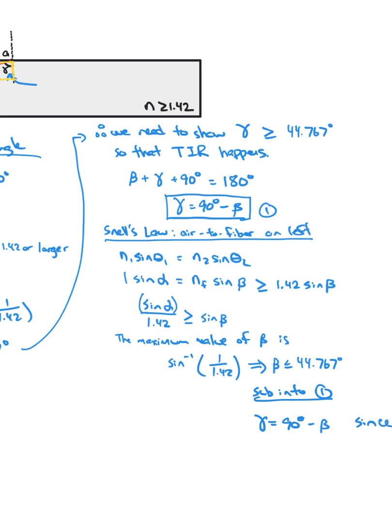So since beta is at most 44.8 degrees, then gamma is at least, so it kind of flips, it is at least 90 minus 44.8.